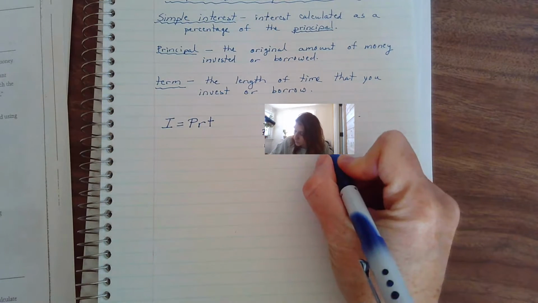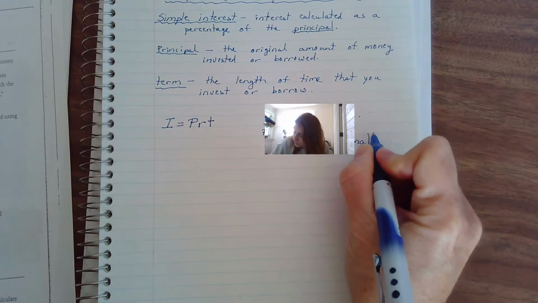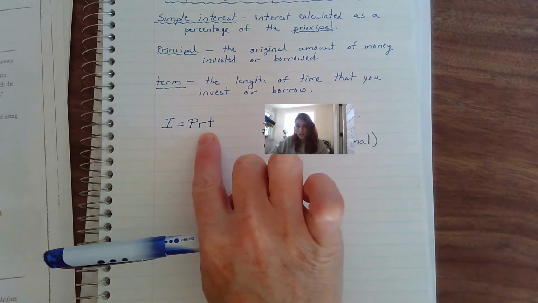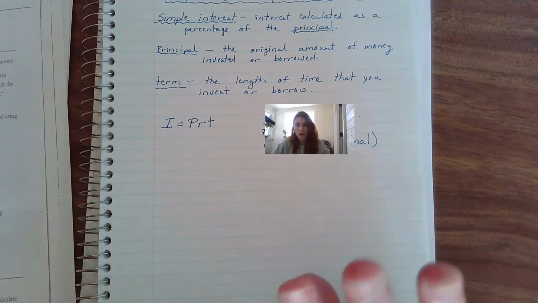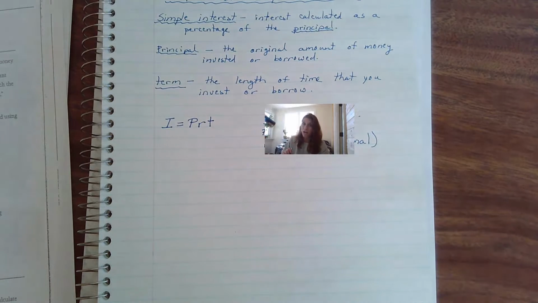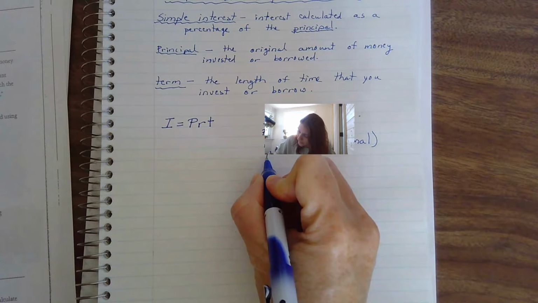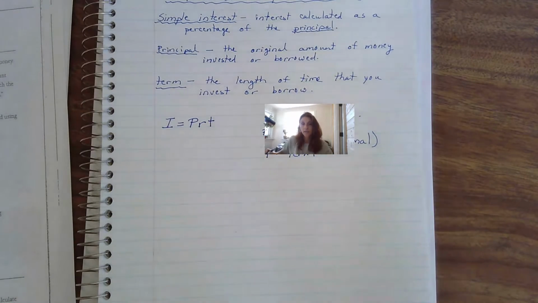So rate is always shown in a decimal when you're doing your calculations. If you have 5% interest, you have to put that 5 in the hundredths place value. Make sure you know your decimals. And then T stands for the term, how long it's going to be in there.